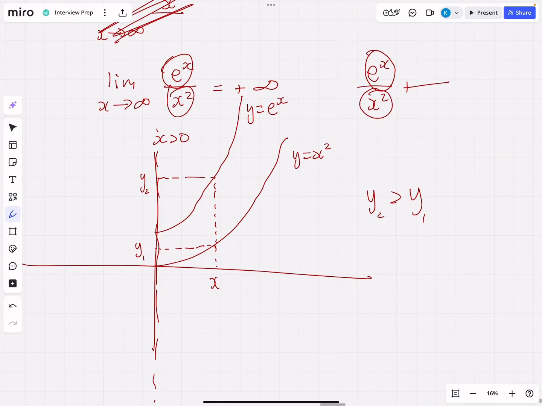And so this is going to tend to positive infinity as x tends to infinity. You're having a really, really large number as x tends to positive infinity, divided by still a fairly large number, but not as large as the numerator. Hopefully that makes sense.